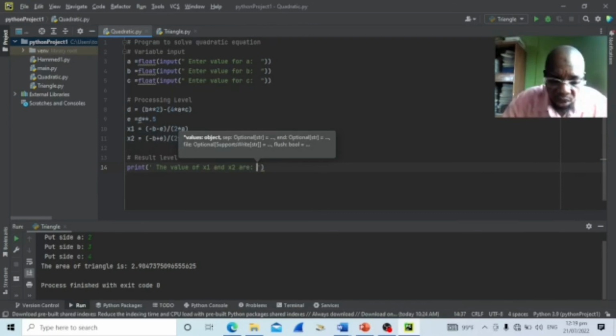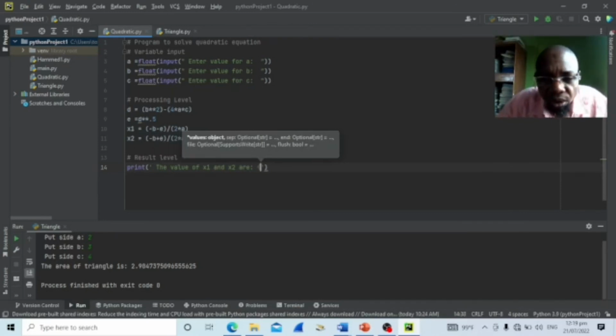So then we are going to use this particular placeholder to bring the float back to the x1 and x2. The first one, the 0, is for x1, this one is for x2.